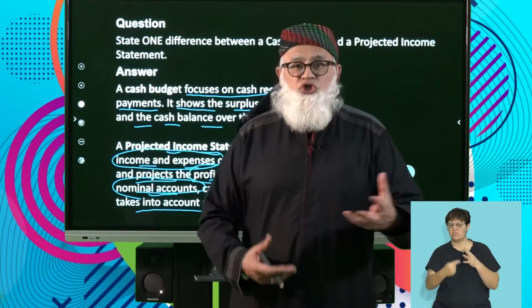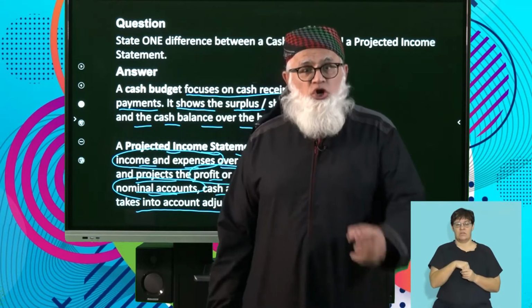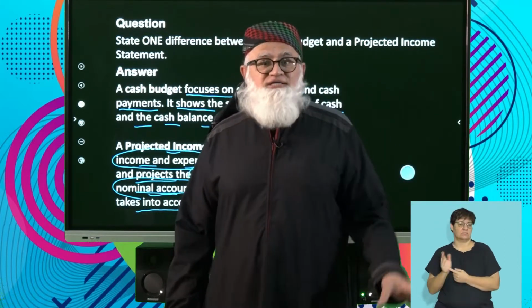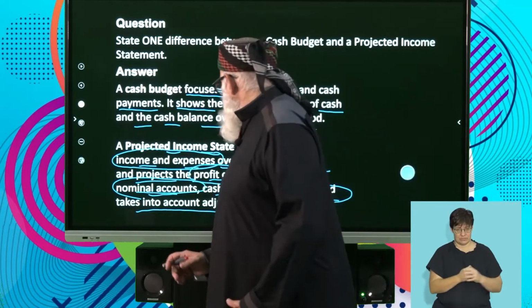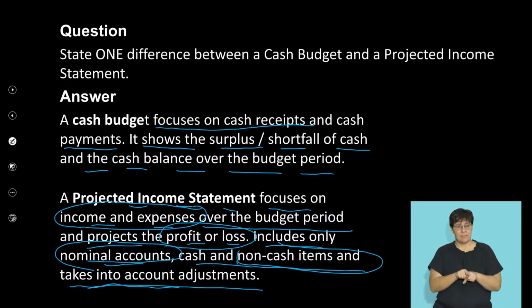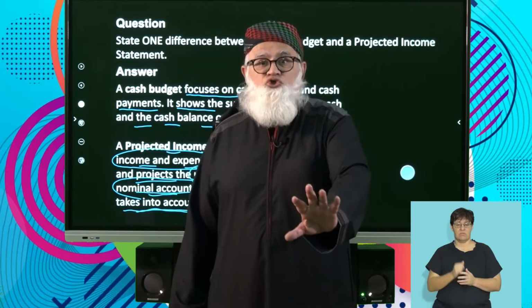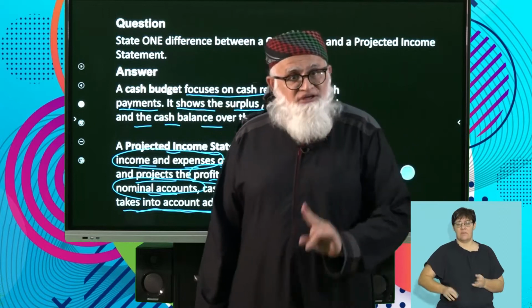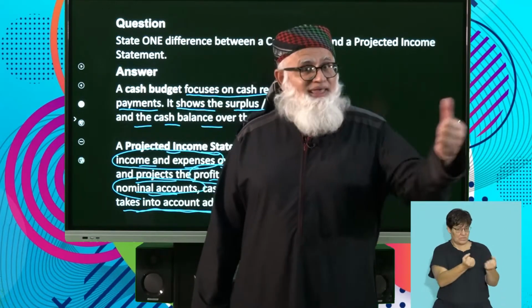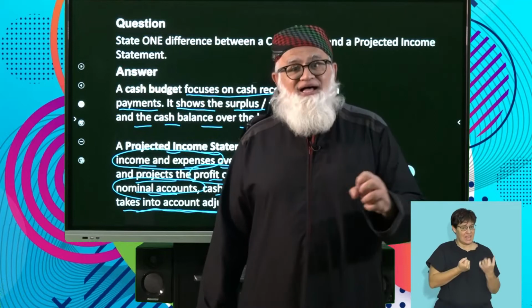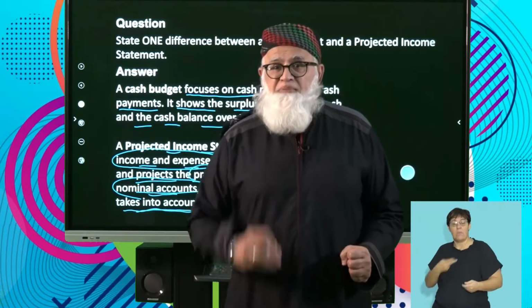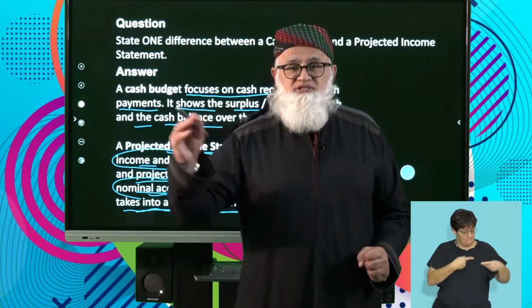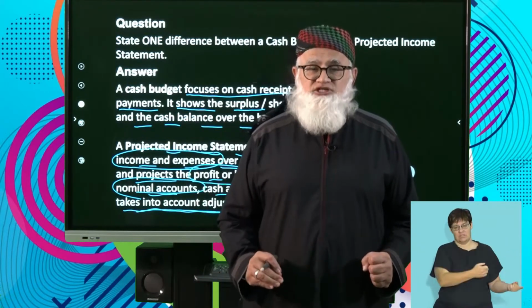Items that don't involve the flow of cash would appear in my projected income statement, but not in my cash budget. And then also, it takes into account all your adjustments. In other words, it looks at incomes that you have earned, not received. Received is cash budget. Expenses that you have incurred, not paid. Paid items are your actual payments which feature in your cash budget.